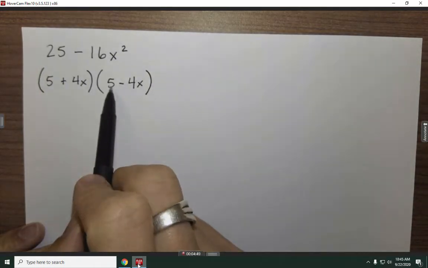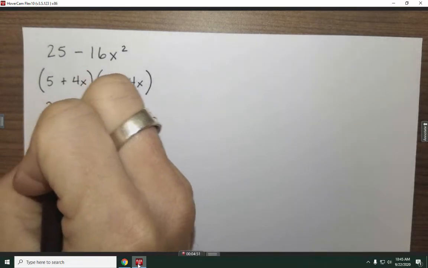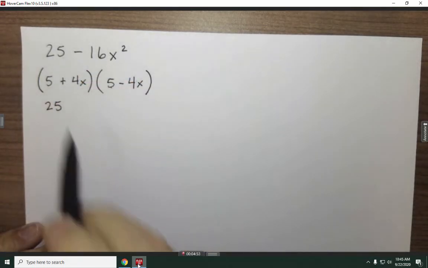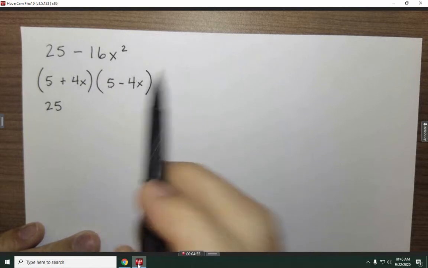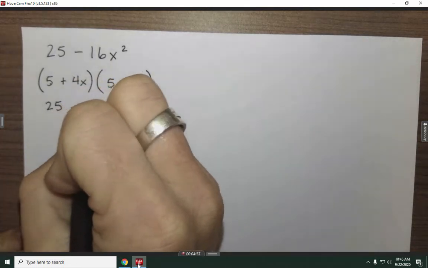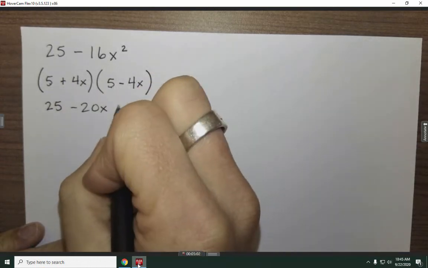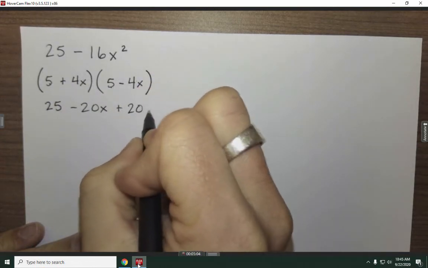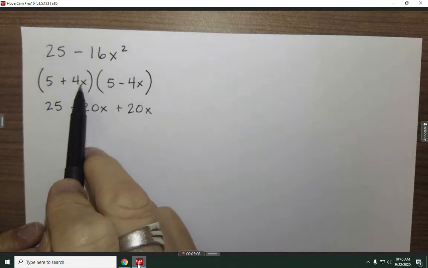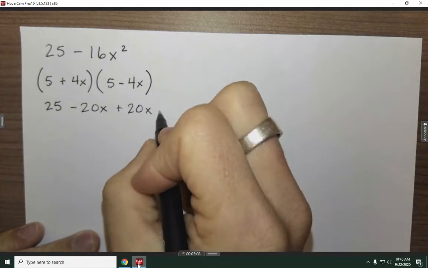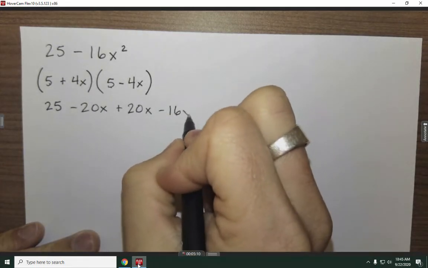If we do 5 times 5, we get 25. And if we do 5 times negative 4x, we get negative 20x. And if we do 4x times 5, we get 20x. And if we do 4x times negative 4x, we get a negative 16x squared.